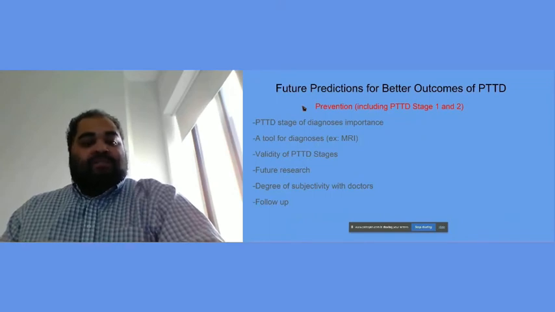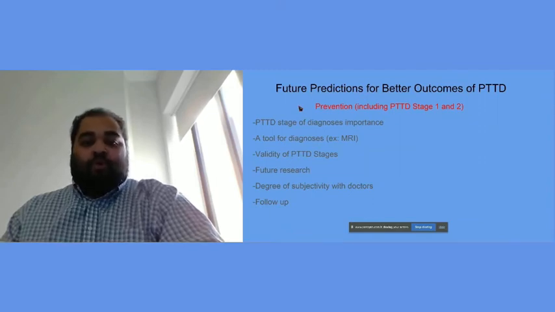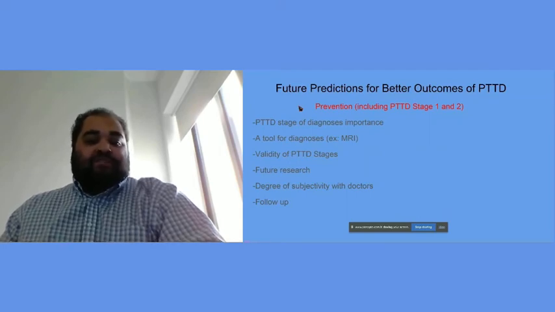And because of the stages not being studied all that much in the science community, there is a degree of subjectivity that doctors have with patients. So that allows for more of a case-by-case basis, and it allows doctors to have more freedom in treating their patients.